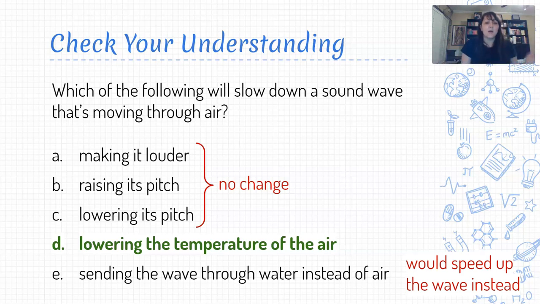But the one option that will slow down the sound wave is lowering the temperature of the air, because if we lower the temperature of the air, those air molecules are moving more slowly. That means fewer opportunities for collision, and it means it's less efficient for that sound energy to pass from one particle to the next.